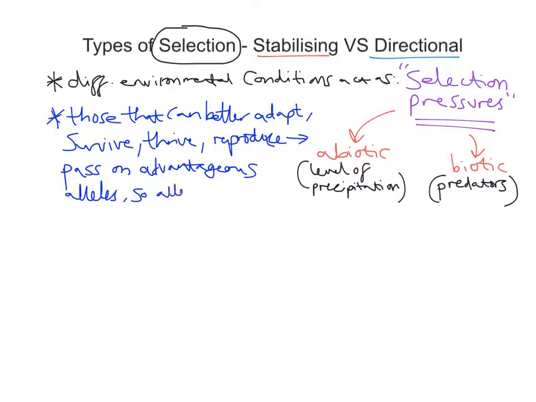So allele frequency increases. Now this is a term that A-level syllabuses are much more keen on students using, allele frequency. So we've got two key things here, one about the different selection pressures and one saying that those that can better adapt are more likely to survive and thrive and reproduce.